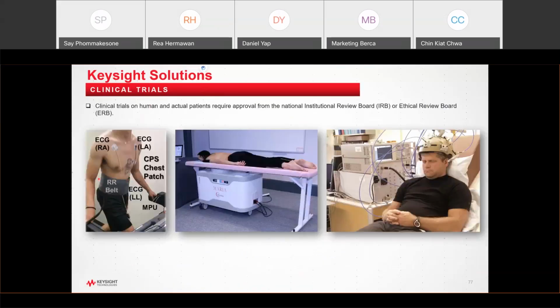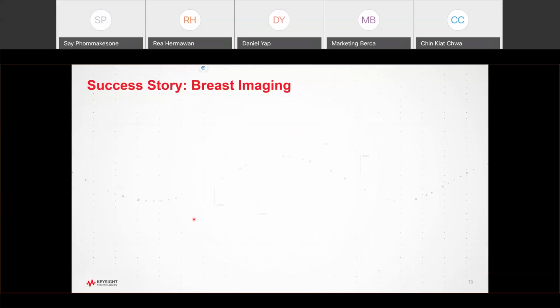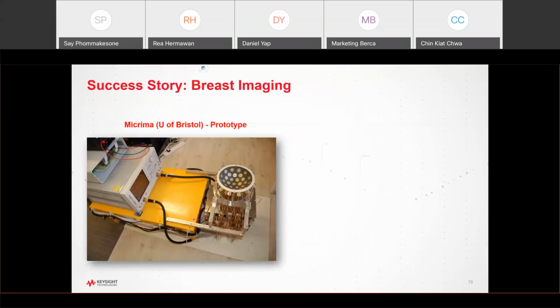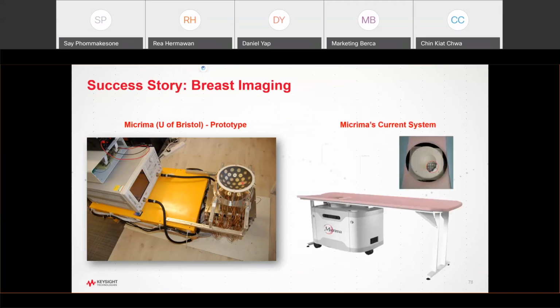And this is a clinical trial now, some examples from this type of setup to this type of setup, to make some progress. So the success story. Again, some of this was an early-stage prototype, and now it has become something like this, from this company, and Keysight is also involved, using our instrument.